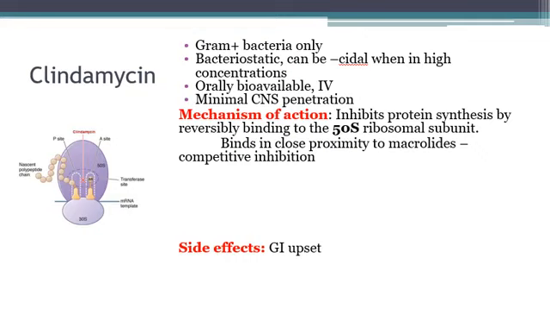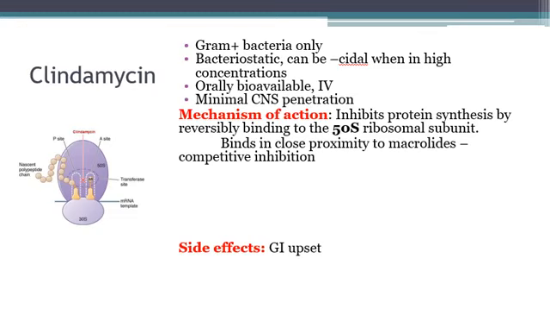Clindamycin is a drug specifically for gram-positive bacteria. It is usually bacteriostatic, and again, if you increase the dose, it can become bactericidal. Clindamycin is orally bioavailable. It can also be given IV. It does offer minimal CNS penetrance. This is one of those drugs that targets the 50S ribosomal subunit, and from a chemistry standpoint, it binds in relatively close proximity to macrolides.